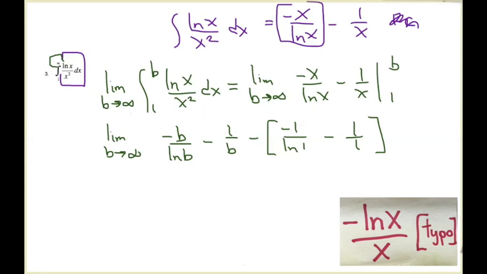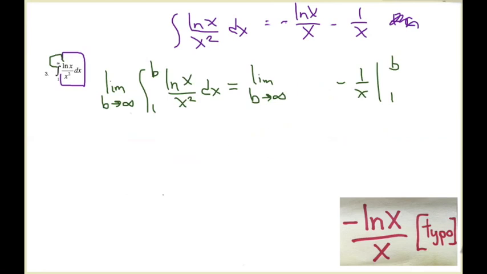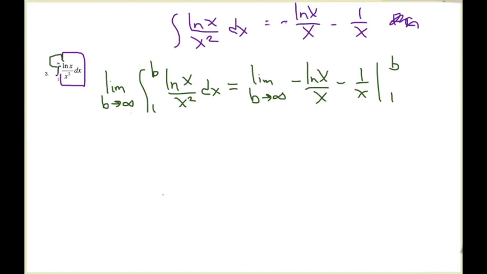What we've got is the ln of x times 1 over x. Okay, apologies. Now we have to evaluate this, plug in b for the x, and then plug in 1 for the x.